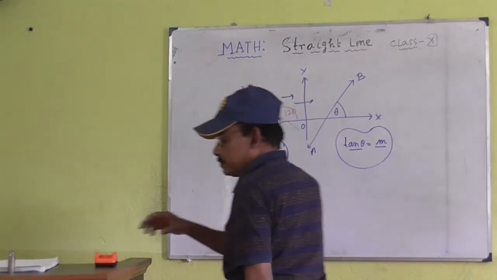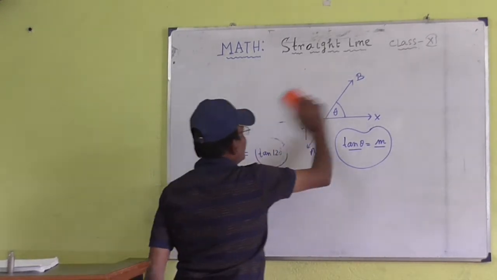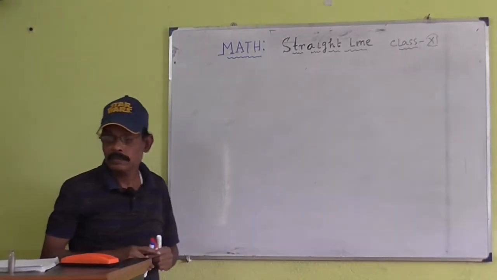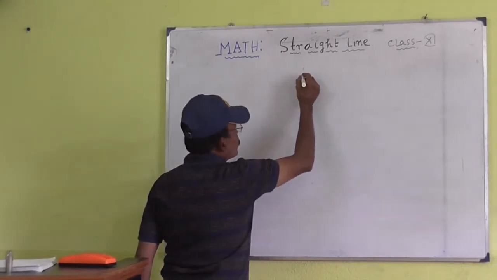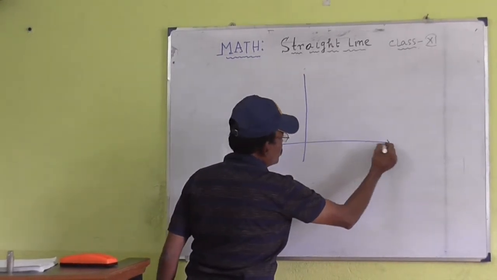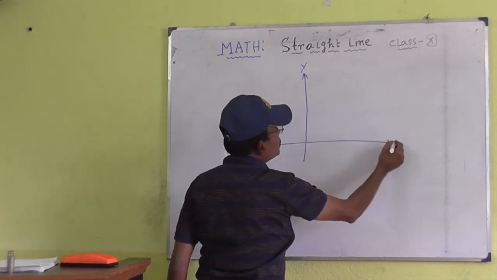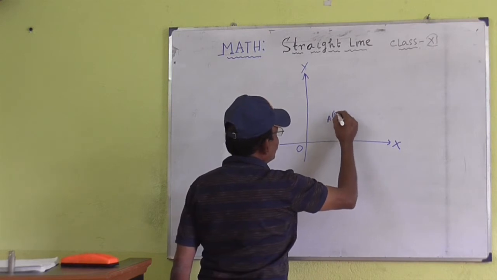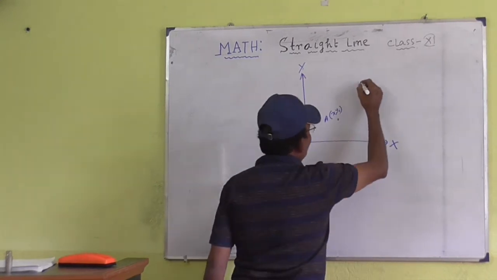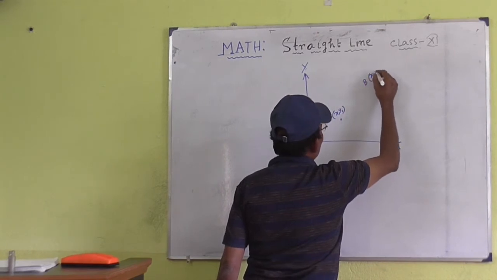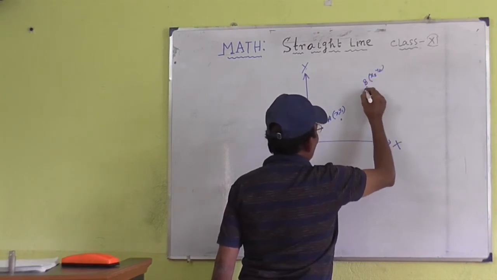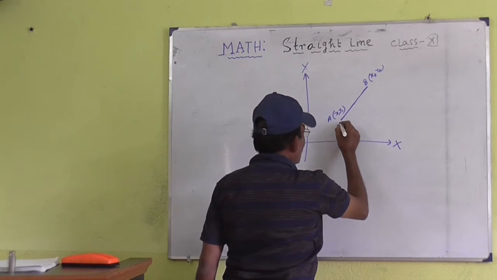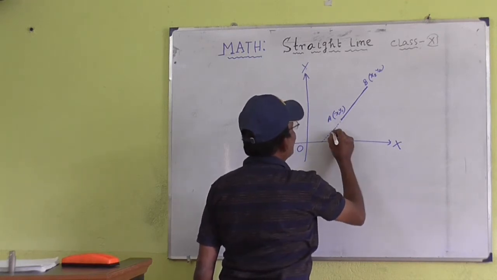So, first let us draw the x and y axes. Let us take a point A whose coordinates are x1 and y1, and a point B whose coordinates are x2 and y2. Okay, we join these. If we produce it, it makes angle theta.